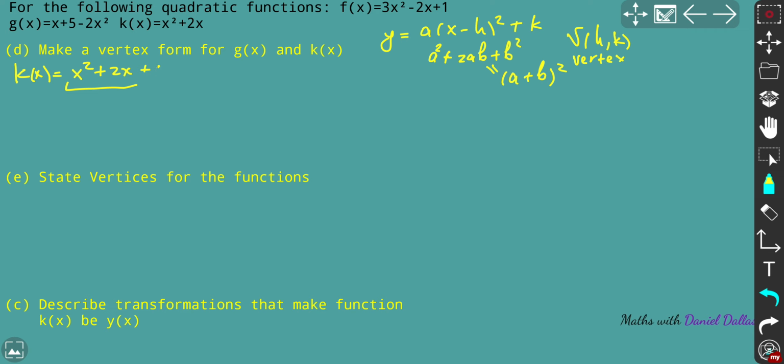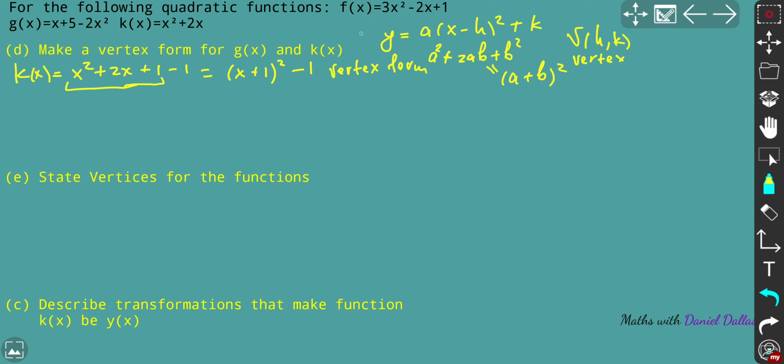So if I add 1 and I immediately subtract 1, I'll get the complete square right there. You can check. So that's why this is going to be (x plus 1) squared minus 1. So I immediately arrived at that. Okay, so that's the k(x) vertex form.